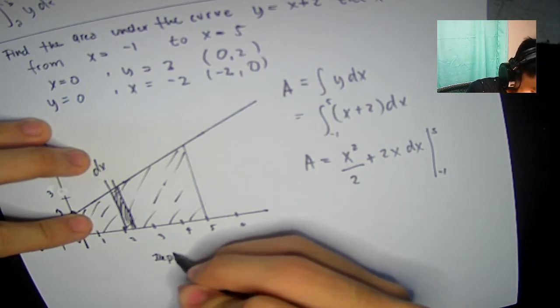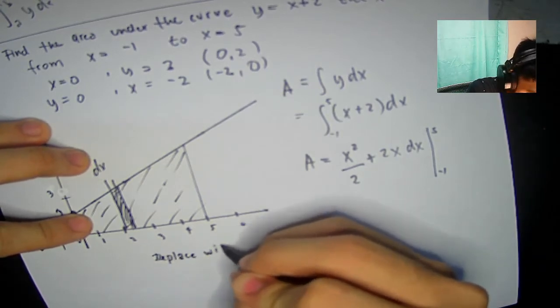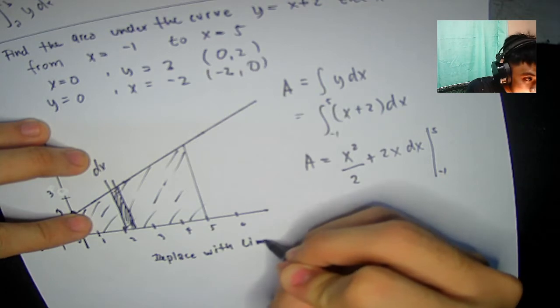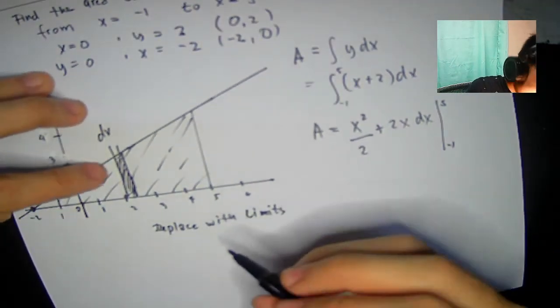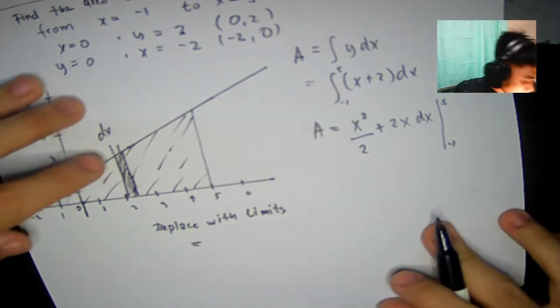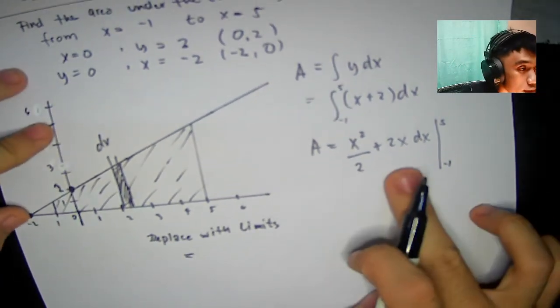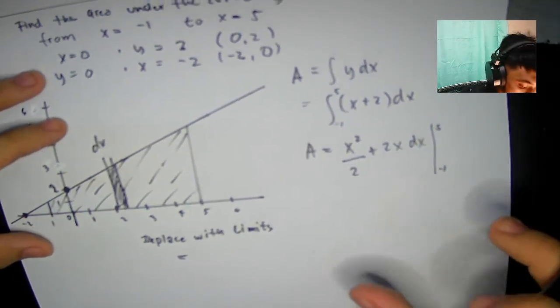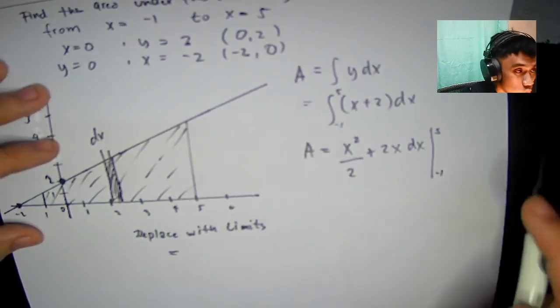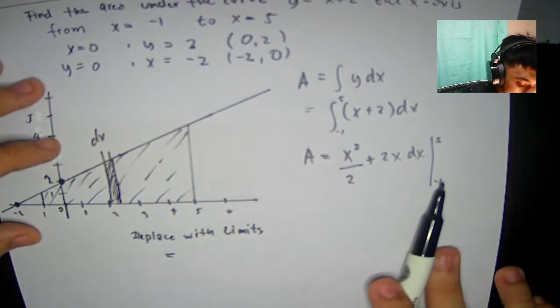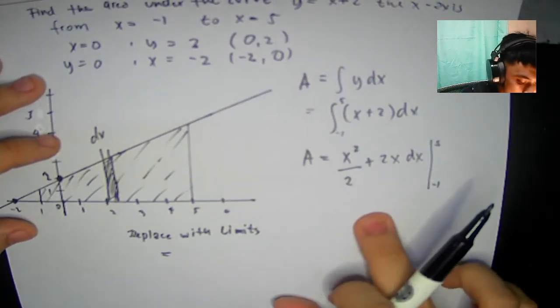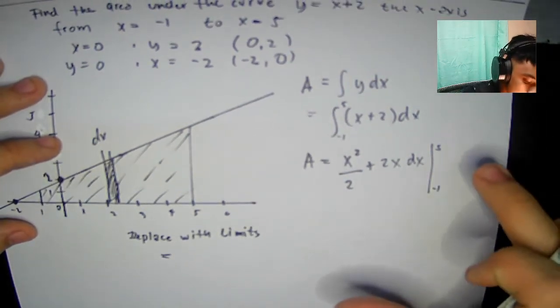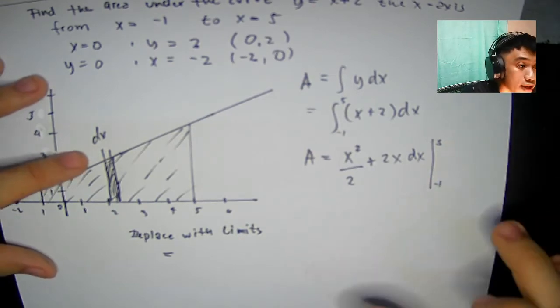So let's replace x with the limits. Sorry for my penmanship. This function is our basis, so we'll replace our range respectively. The higher range is minus the lower range.